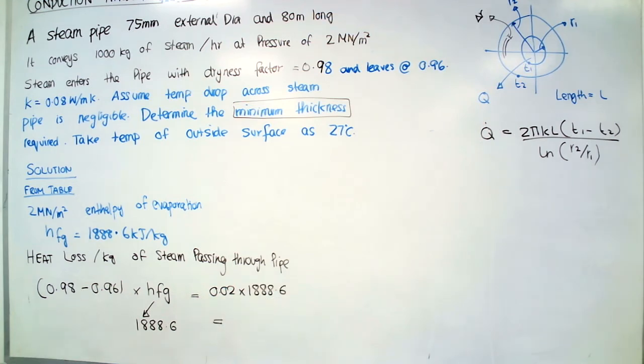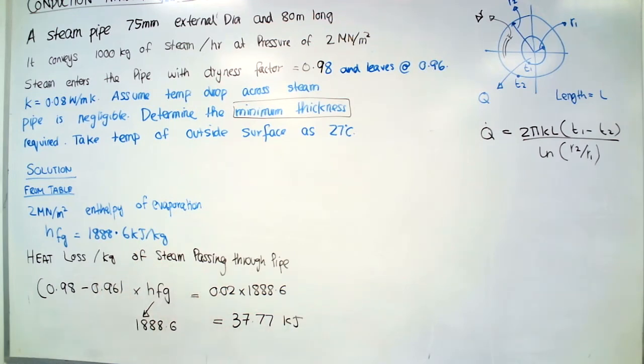If you got the answer, please. That 0.6. Yes, 0.6. 30. Okay, now this was in kilojoules, and this is per kilogram.